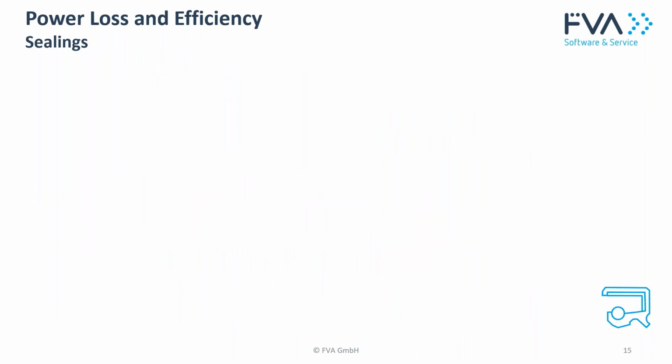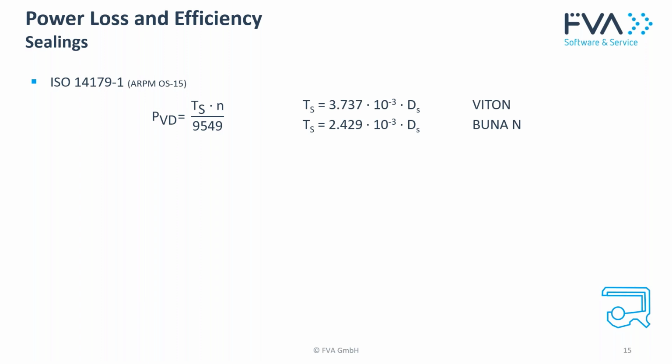At the sealings, the power losses can be calculated according to 3 different methods. The first approach is the ISO 14179 Part 1. This is a US approach, which takes into account the rubber material of the sealing. That means if Viton or Buna N is used, you have to specify this on your sealings. The second approach is according to the ISO 14179 Part 2.